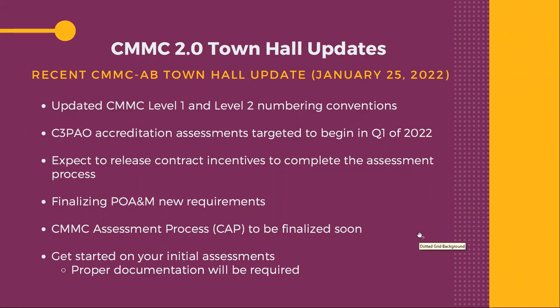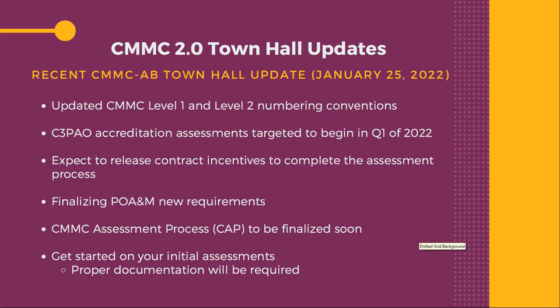I just wanted to provide a brief update from yesterday's CMMC 2.0 town hall meeting, pulling out just a couple of bullets that were relevant to those of you here. As many of you may know, back in December they released the new level 1 and level 2 assessment guidelines, and what also came along with that were new numbering conventions.